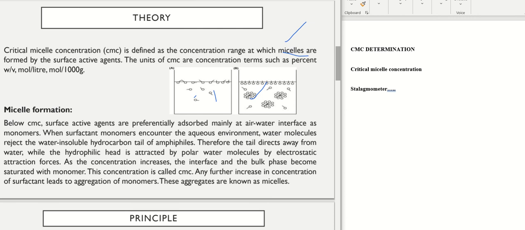it results in the formation of floccules or a group of surfactant molecules, and this is known as a micelle.